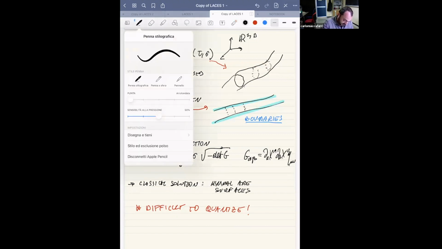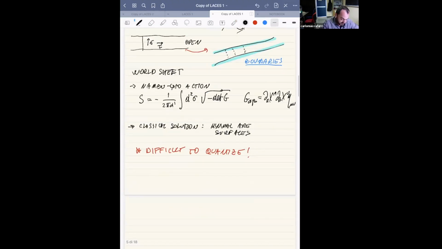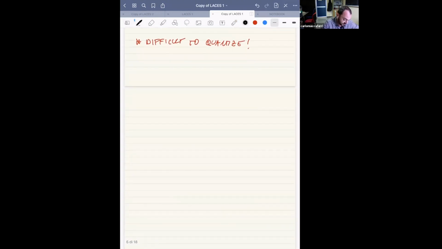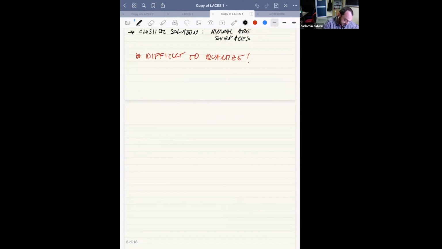And so what we will do now is write another action that is classically equivalent to this action that we just wrote. And this other action is of this form S_P, where P stands for Polyakov, as we will now argue.